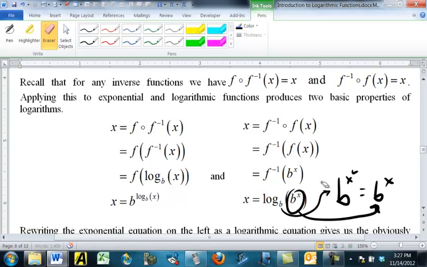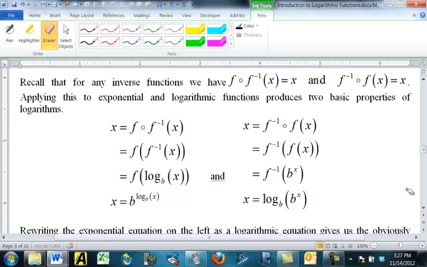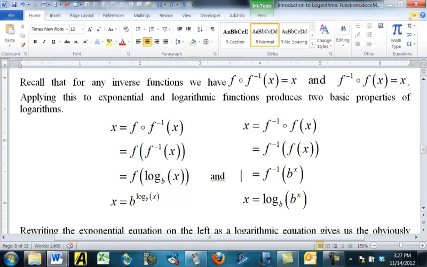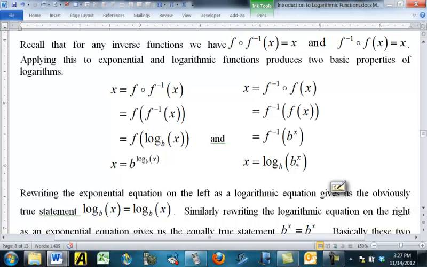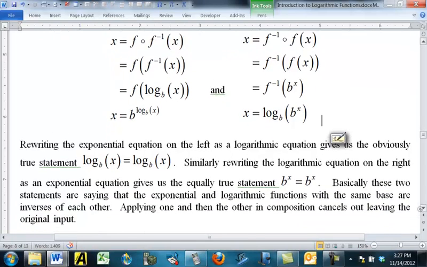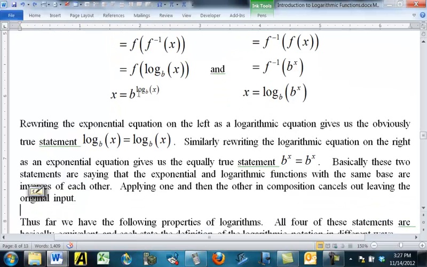But this gives us a couple of nice properties that we can work with. It says if you ever have log base b of x, and that's the power with the base of b, then that exponential and logarithm cancel each other out, leaving x.